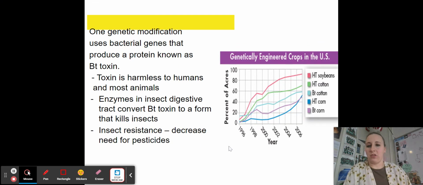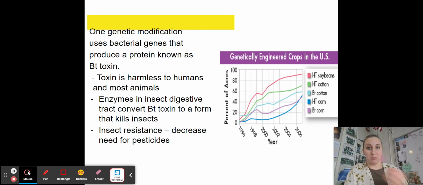A specific example of gene modification in plants is that some geneticists have taken bacterial genes that produce a protein called Bt toxin. For humans, Bt toxin is not an issue. It doesn't mess with anything within our system, and most animals are fine with it as well. But Bt toxin is toxic to insects, so it kills them.